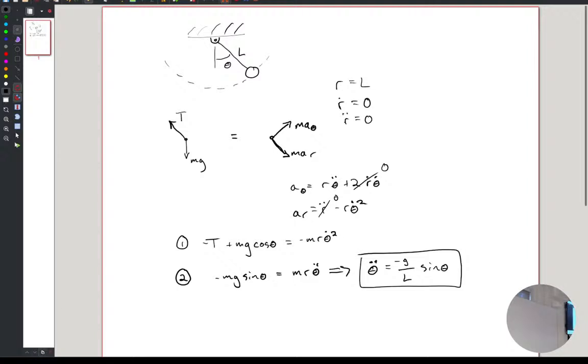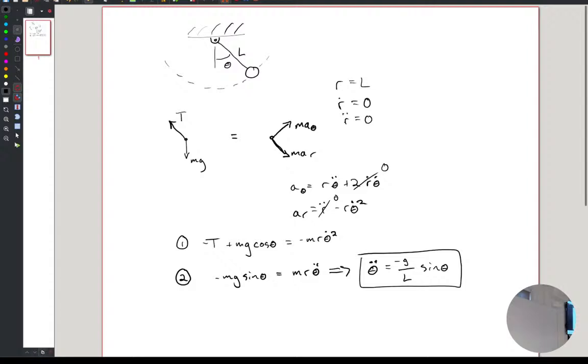Yeah, what we're doing is taking initial values. If I know initial angle and initial velocity, solve for what theta is for the rest of the time. Theta dot is. Yeah, exactly.